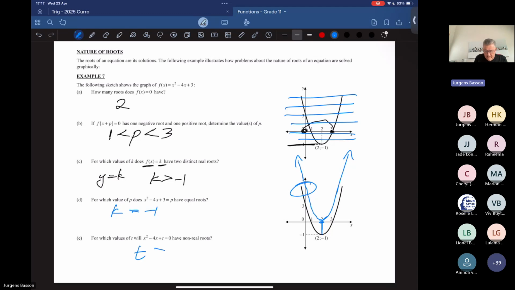And t will be greater than 4. Because t is currently at 3 when the turning point was at -1. If I move it up more than 1, this will move more than 4. So it will not be at 4, but it will be more than 4, because this graph can go even higher. So it can be 5, 6, 7, whatever. I hope that helps a little bit.